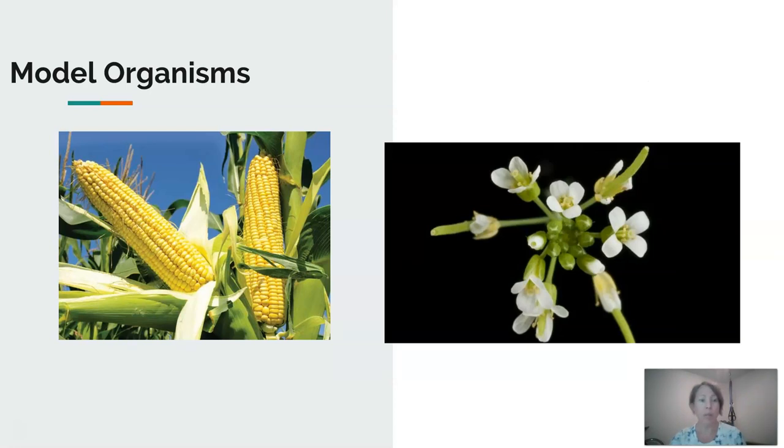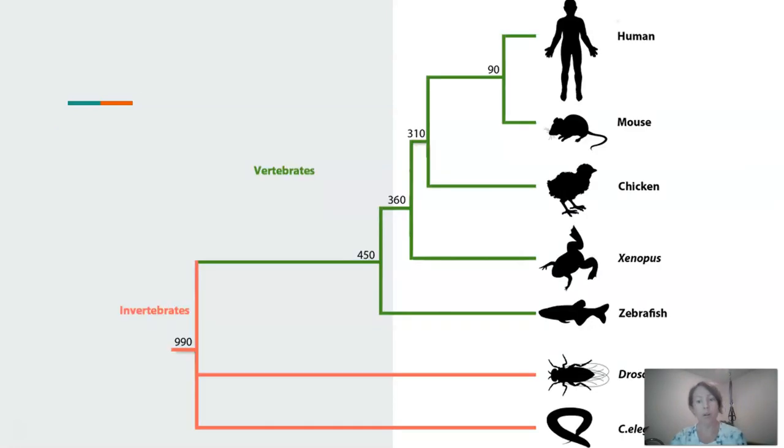We also have plant model organisms, so on the left is corn, and on the right is Arabidopsis. These are all model organisms as well, so not humans, but mice, chickens, Xenopus, a frog model organism, zebrafish, Drosophila, and then a nematode, which you've probably heard of as C. elegans.